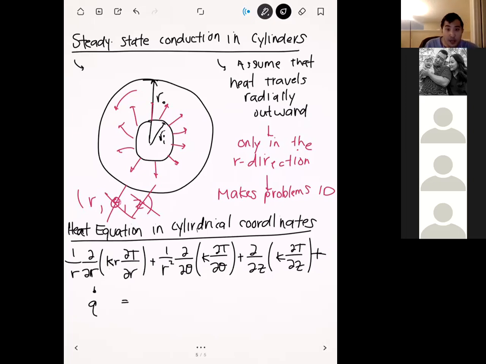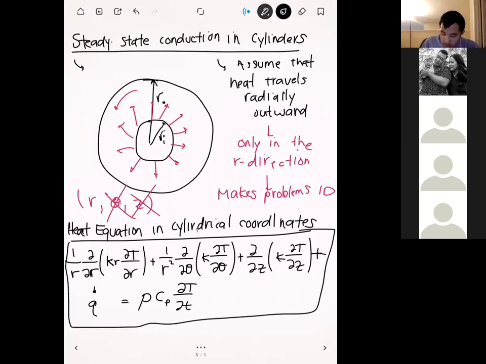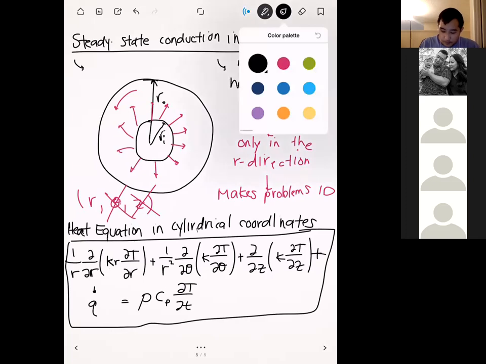On the right-hand side of this equation, we have our unsteady term, which looks the same as the 1D case: rho, the density, times Cp, the specific heat, multiplied by partial T, partial t. So here's the full heat equation in cylindrical coordinates.